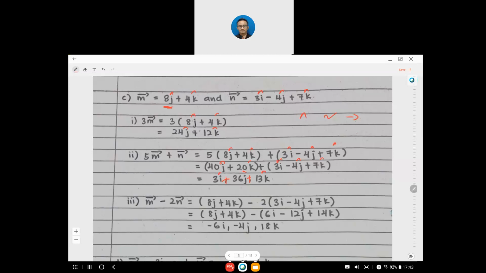Is it 13k? Not 30k. It's 27. 20 plus 7, not minus. So 27k here.